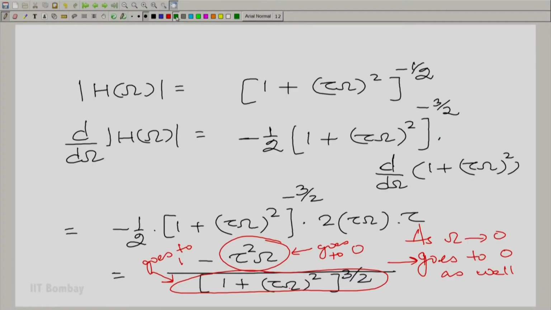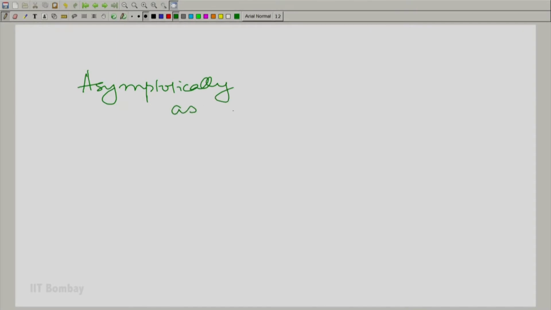So, let us go back to this, and now let me show the same thing in green, what is happening as omega tends to infinity. Now, as omega tends to infinity, the tau omega squared term dominates in the denominator. So, therefore, we can even neglect the 1 in comparison to that, and of course, the numerator remains as it is.